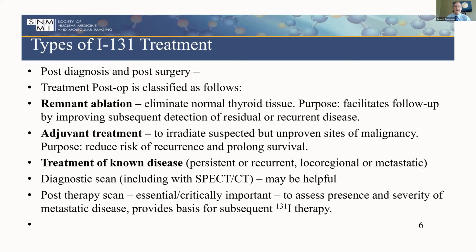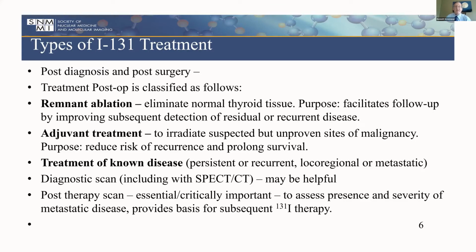So there's remnant ablation. That's an elimination of normal thyroid tissue. The purpose is to facilitate follow-up by improving subsequent detection of residual or recurrent disease. Adjuvant treatment to radiate suspected but unproven sites of malignancy. Purpose is to reduce risk of recurrence and prolonged survival. And by the way, there's actually a lot of crossover between remnant ablation and adjuvant treatment. Don't worry about that.